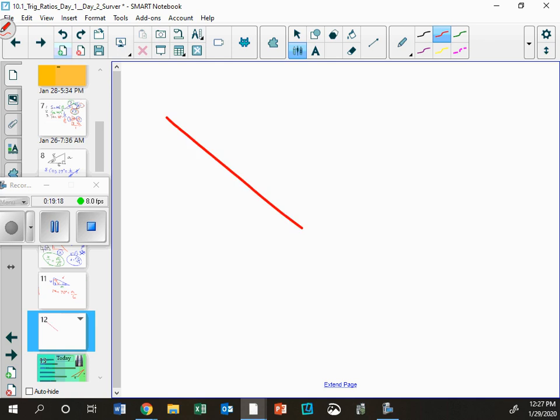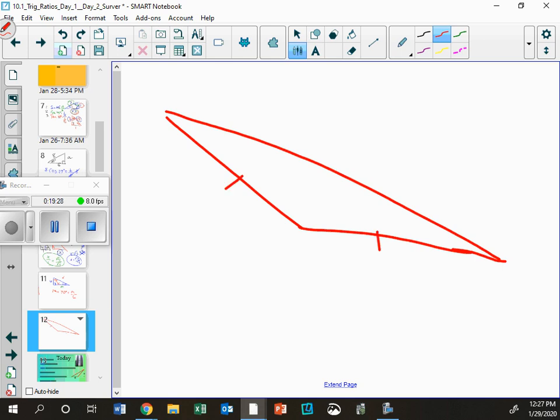So what if you don't have a right triangle, you have a not right triangle? Well, we'll keep it simple at first. Let's say that this is an isosceles. Those 2 sides are equal. This side is 10 units long.